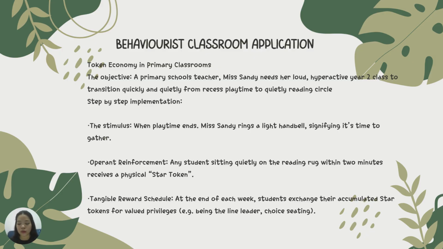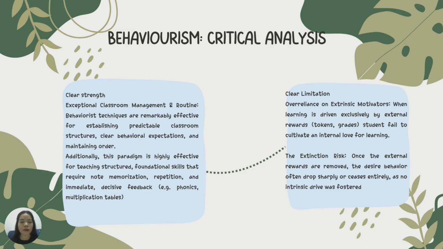So we will go to the behaviorism critical analysis. Critically analyzing behaviorism reveals a powerful trade-off. Its main strength lies in its predictability. It is incredibly effective for classroom discipline and teaching broad skills like multiplication.